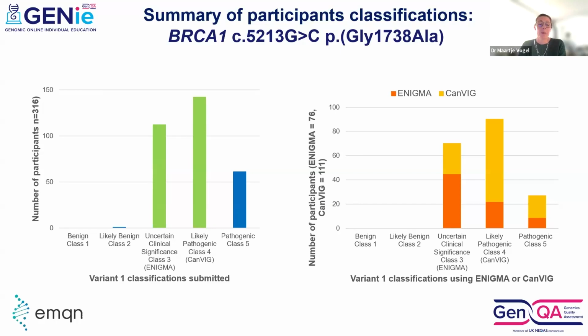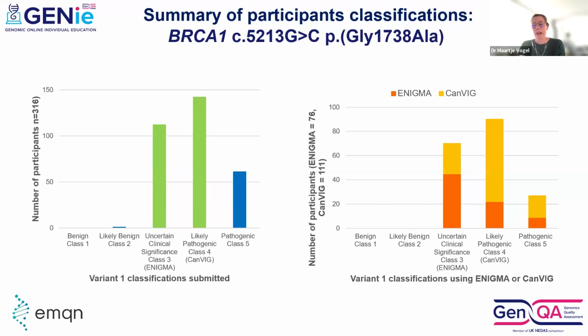And also a big number of participants classified it as class 3, which is the correct classification if you would use the Enigma guideline. On the right side of the slide, we looked into this data in a bit more detail and asked what the classifications are of the participants that used a specific guideline.